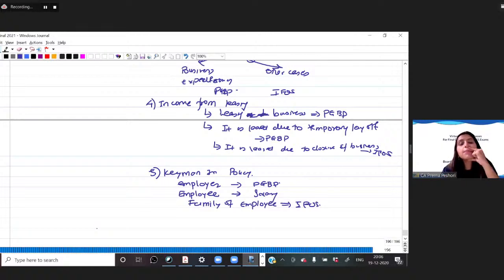Whether it is income from other sources or PGBP?